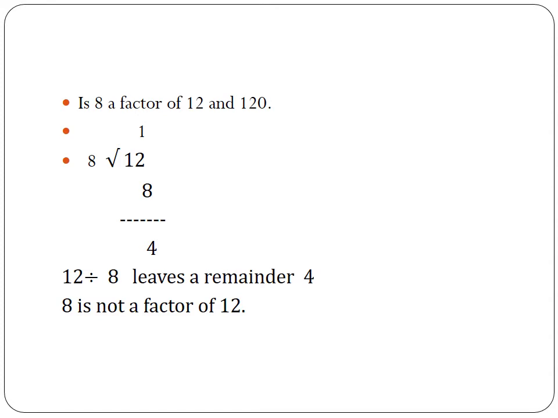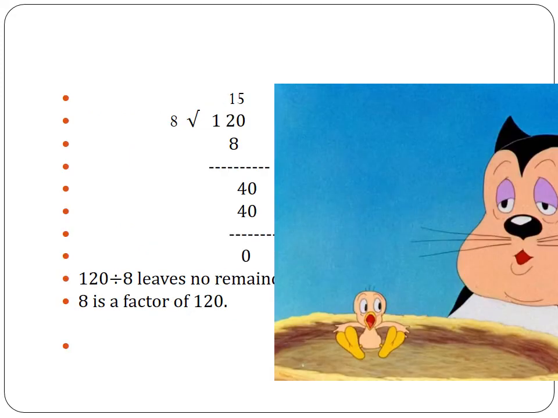If we divide 12 by 8, we get the remainder 4. 8 is not a factor of 12. If we divide 120 by 8, the remainder is 0. That's why 8 is a factor of 120.